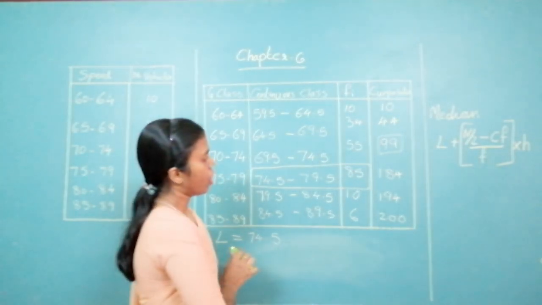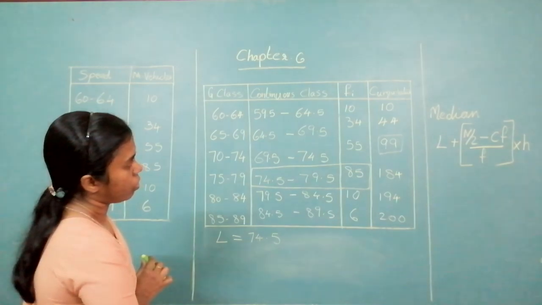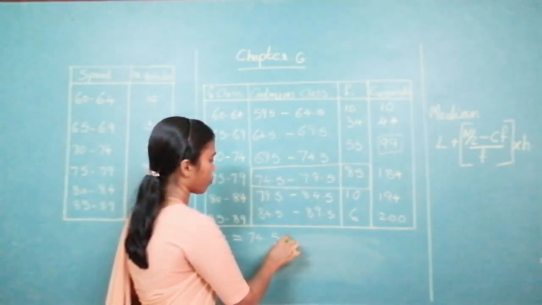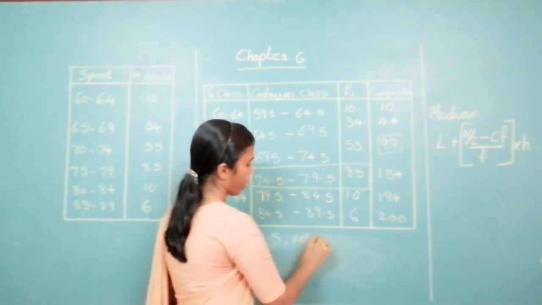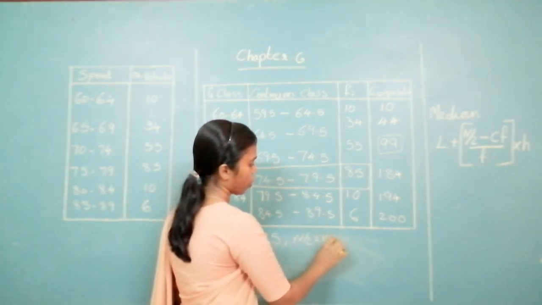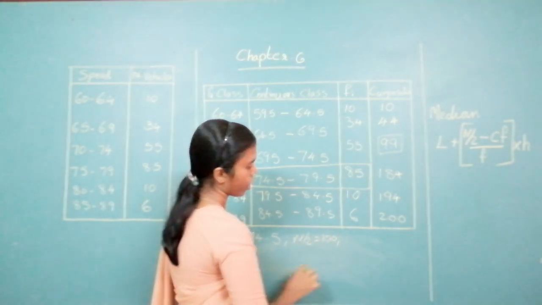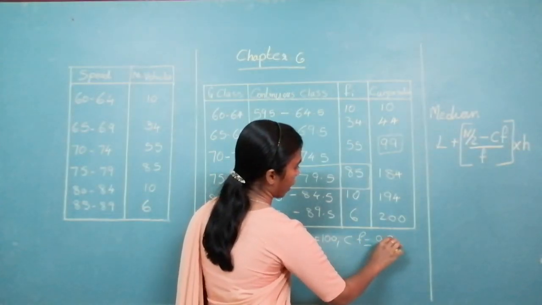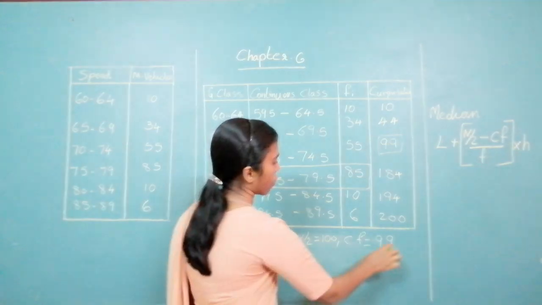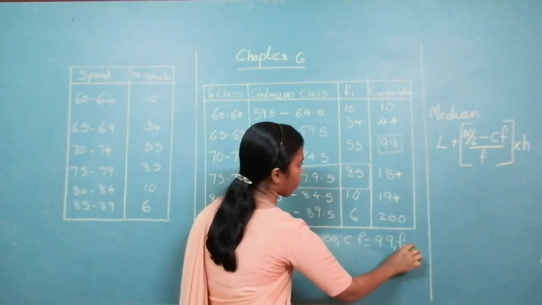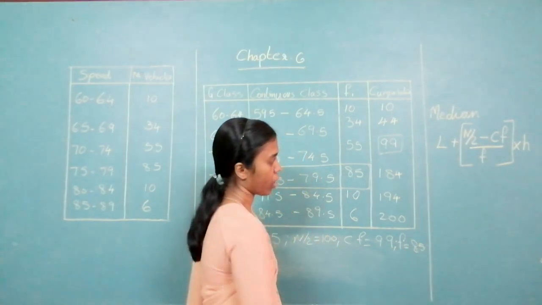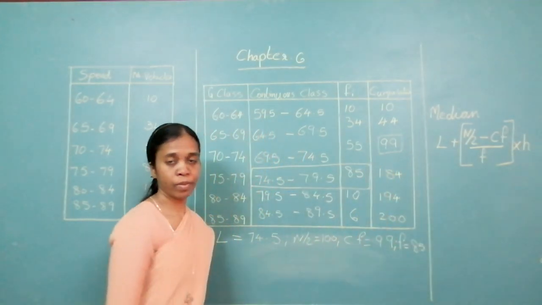Now, n upon 2 is equal to 100. As for the cumulative frequency, which is it? 99. Which is the frequency? Frequency is 85.